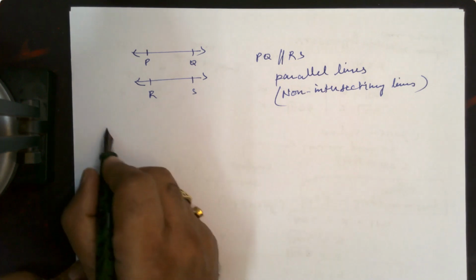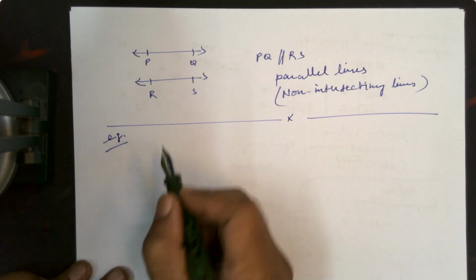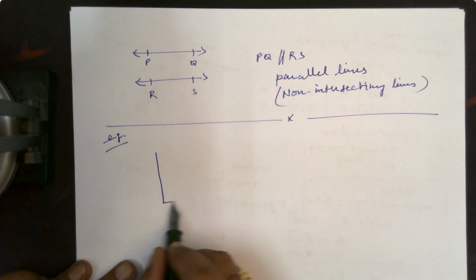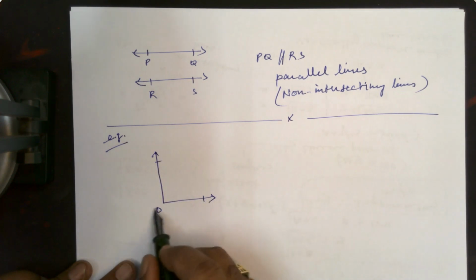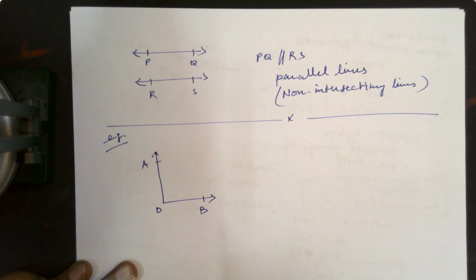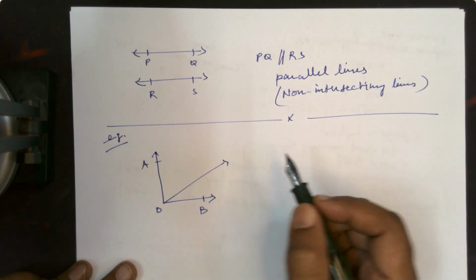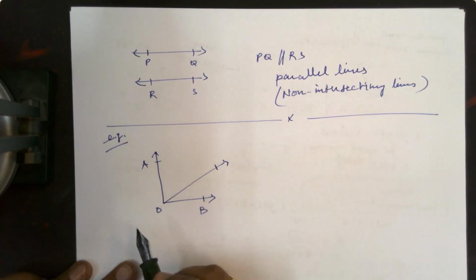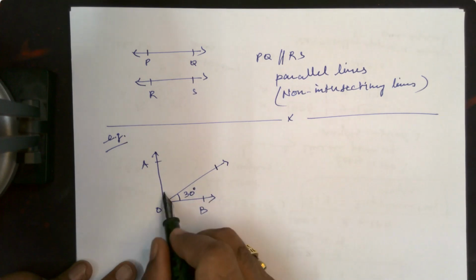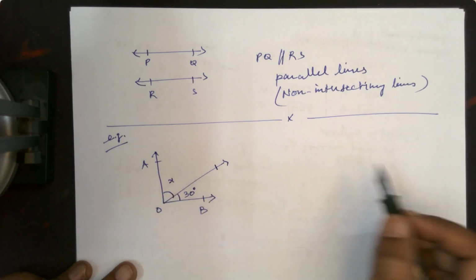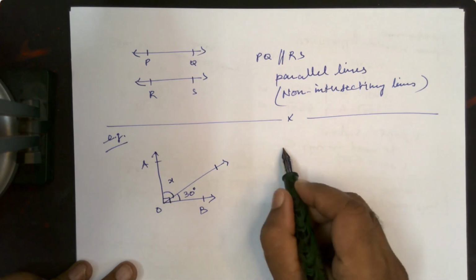Now let us work out some examples. I have an angle AOB. In between I have another ray OC. BOC is 30 degrees, and AOB is given as 90 degrees. What is X?